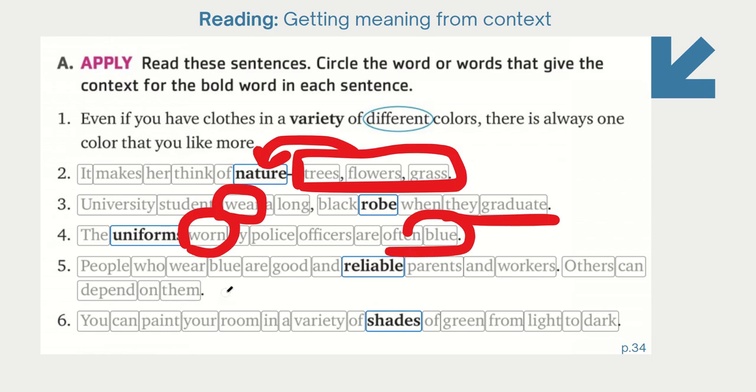Number 5. People who wear blue are good and reliable parents and workers. So we learned from your friend's presentation about color across cultures. Blue represents reliability, like the uniform of the police and the military, and also people who wear blue are good. Good here is positive.